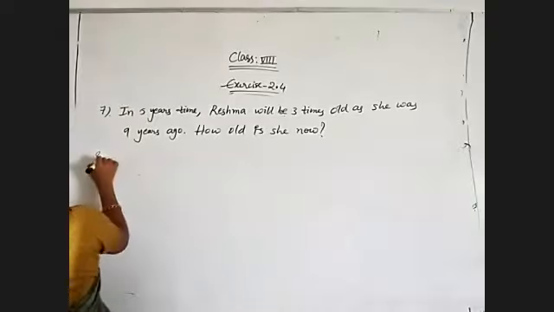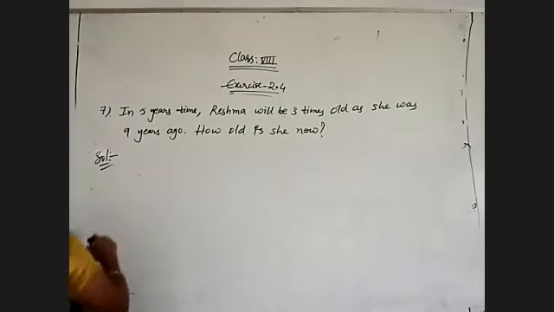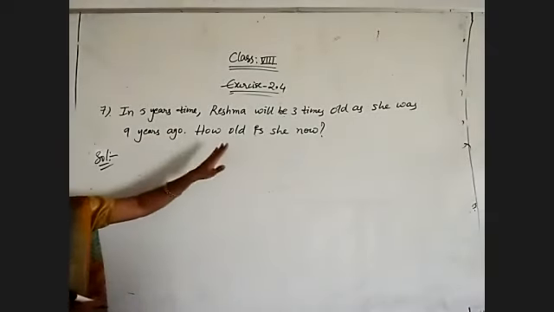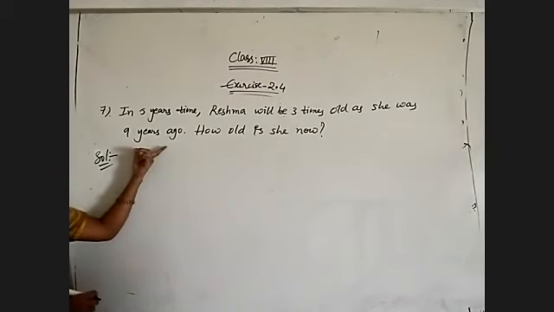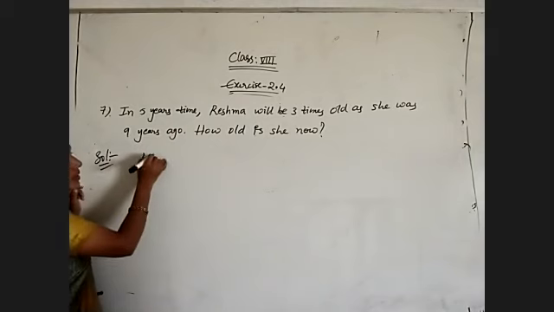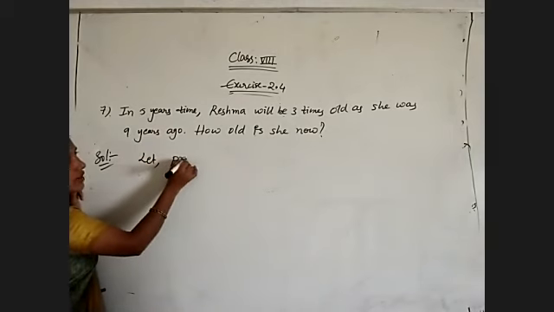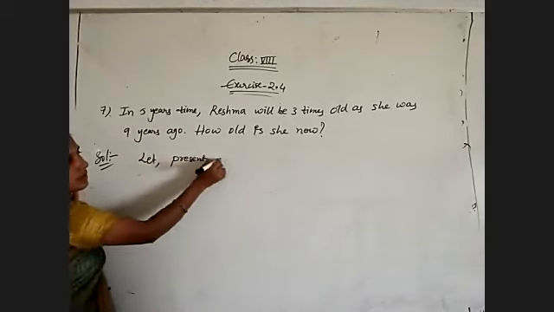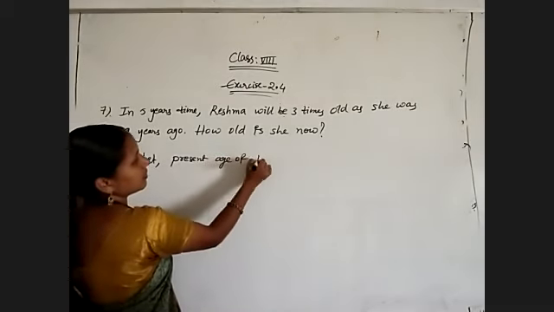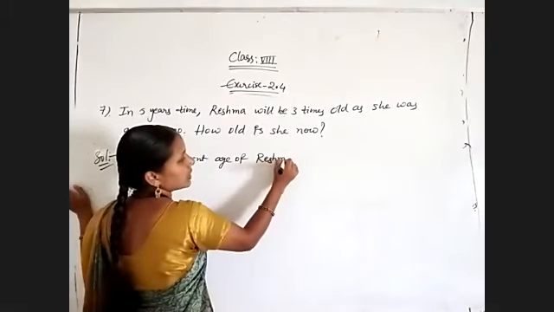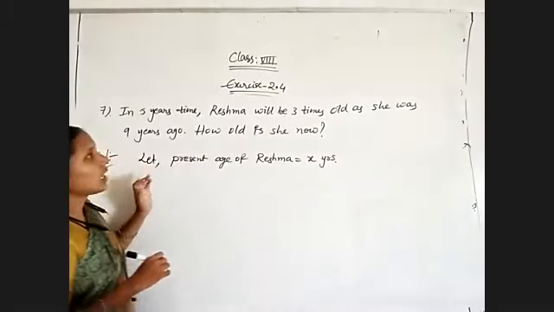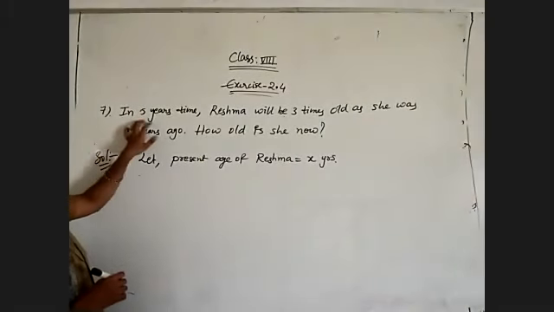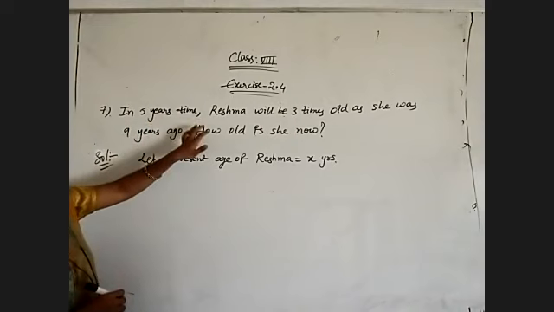Okay, observe the simplification. In 5 years time, Reshma will be 3 times old as she was 9 years ago. So let present age of Reshma is equal to X years. Now they are given the condition in 5 years time, Reshma will be 3 times.